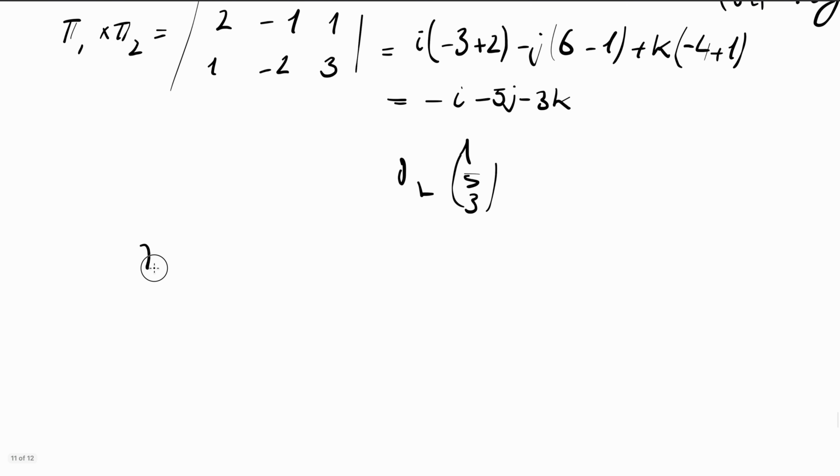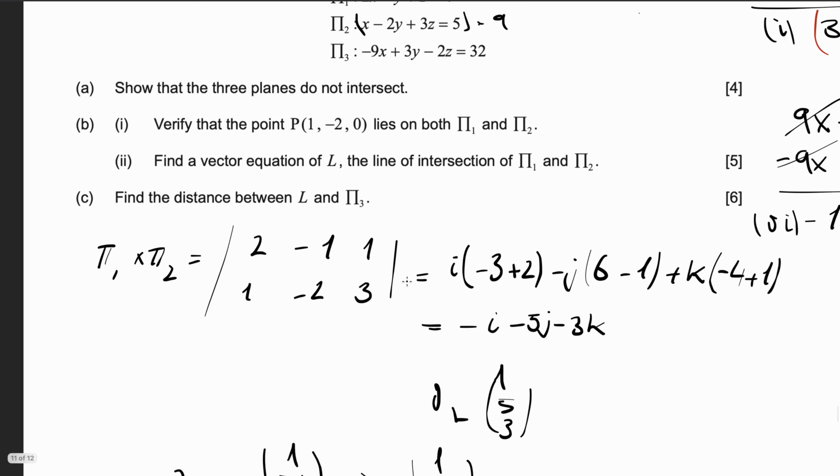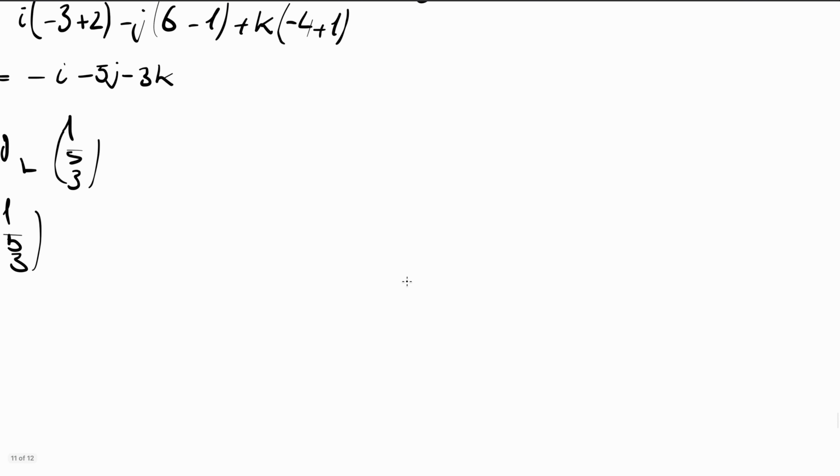So you can write L equal to the point P (1, negative 2, 0) plus lambda (1, 5, 3). Alright, so now we're asked to find the distance between L and P3.